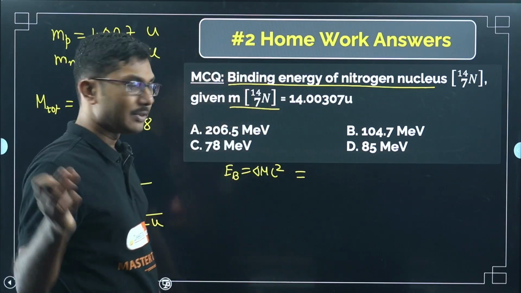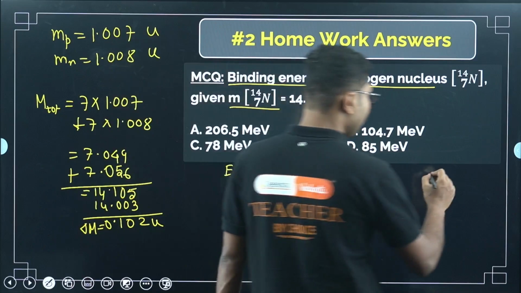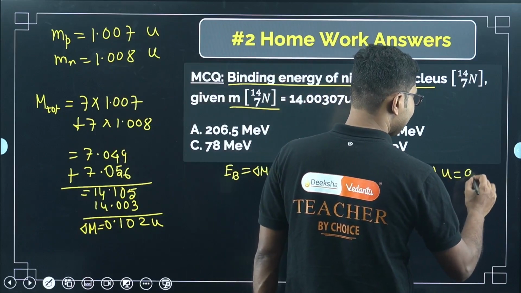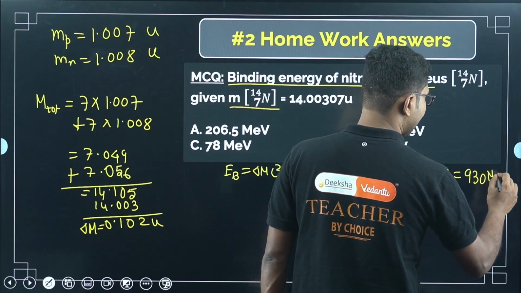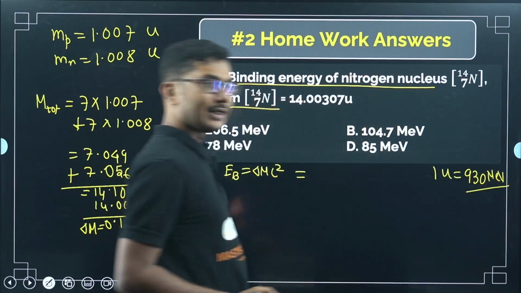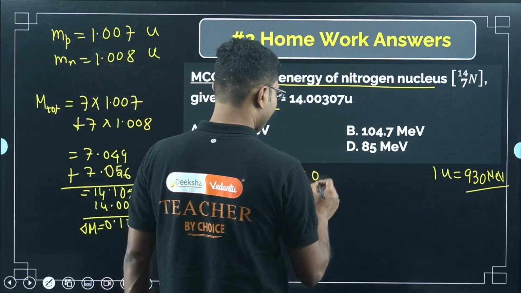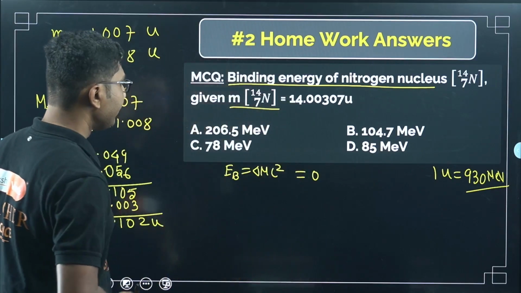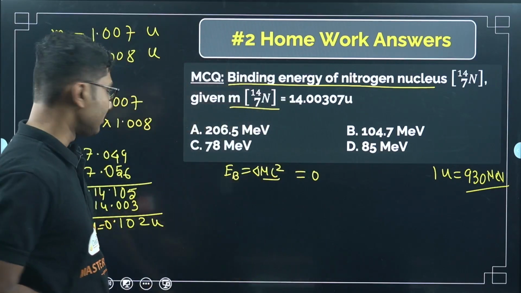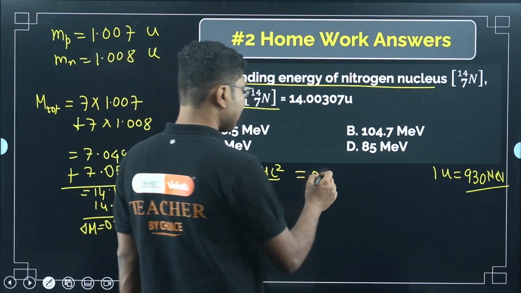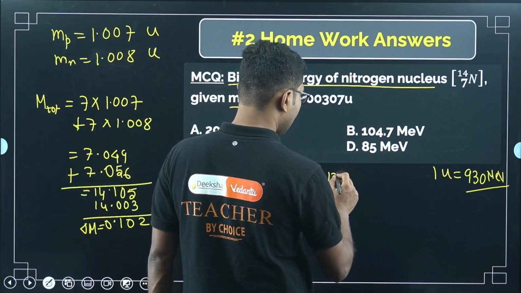1 U is equal to 930 MeV, right? So we will just use that value. We will not use the value of C square, that is not required. We will directly convert it into MeV.